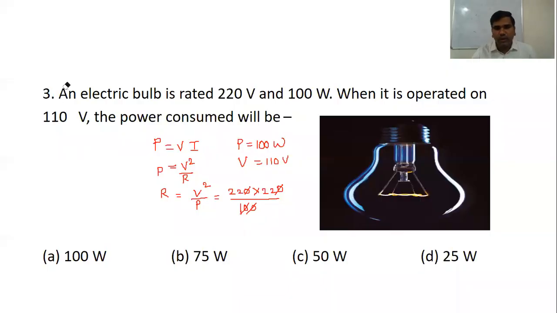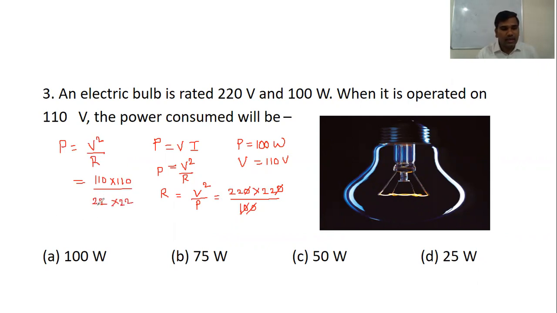Use this formula to find the power: P is equal to V square by R. The power of the bulb when it is operated at 110 volt is 110 into 110, and the resistance of the bulb we found is 22 into 22.